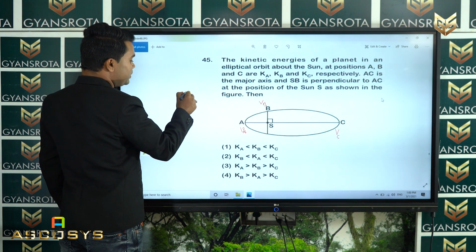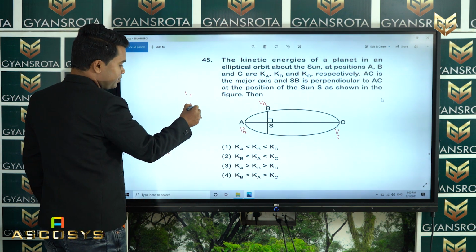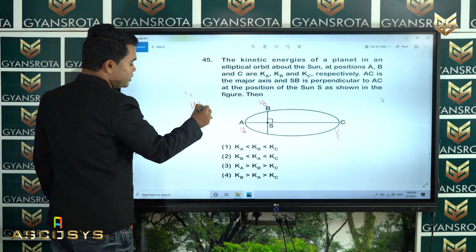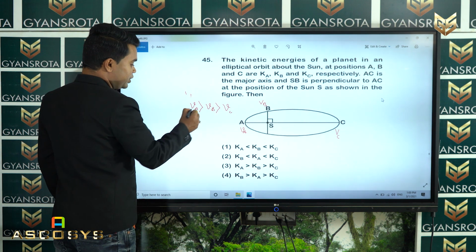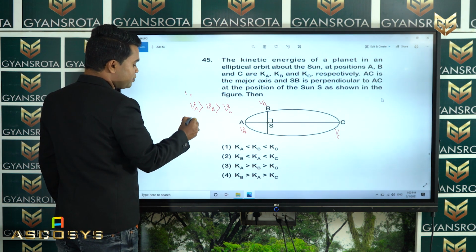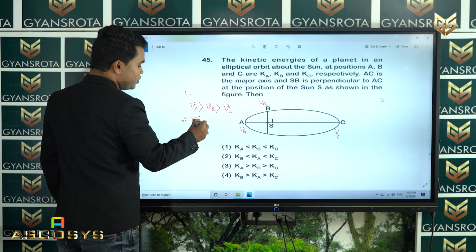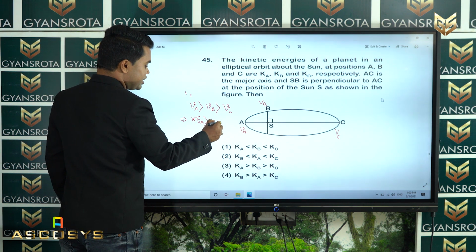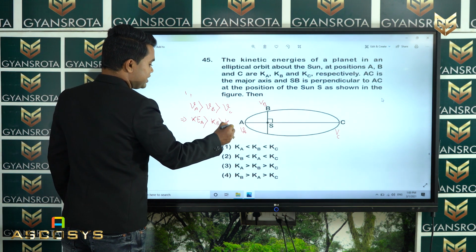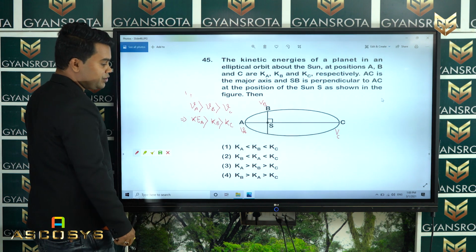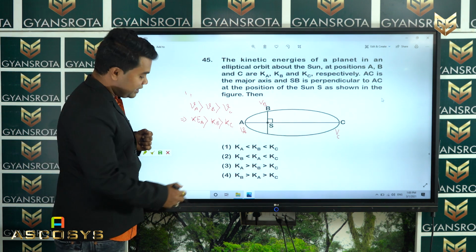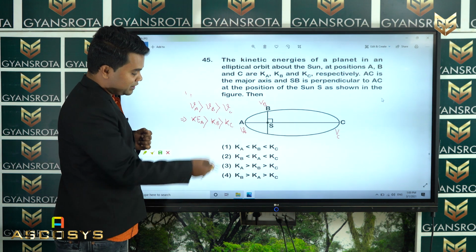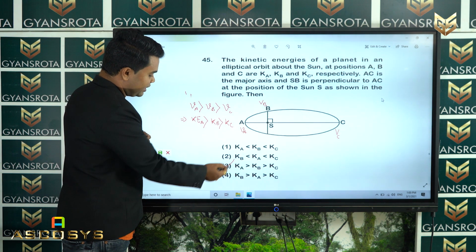So VA will have the maximum velocity, and then we'll have VB, and then at last we'll have VC. So if velocity VA is more, then kinetic energy at A will be more, then kinetic energy at B will be more than kinetic energy at C. If you see, option number 3 will be the correct answer. KA greater than KB greater than KC. So I can write this one.